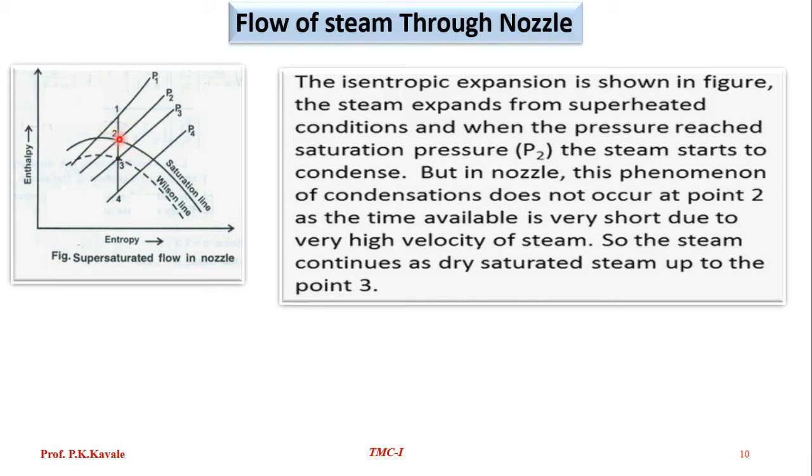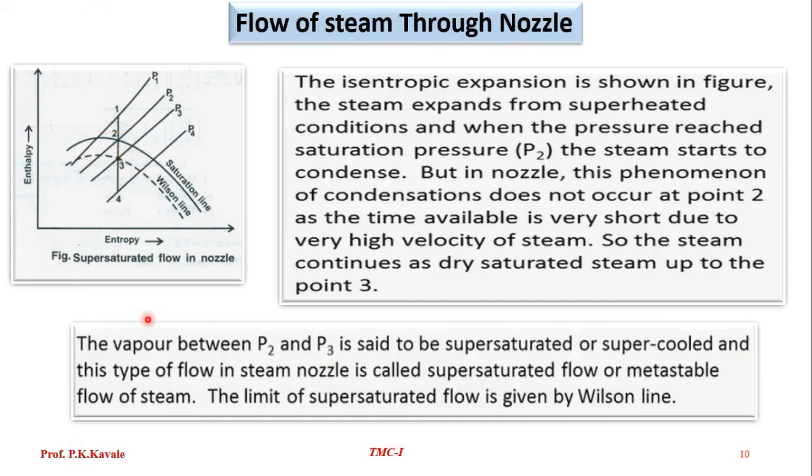Condensation should theoretically start at point 2, but practically it does not. Why? Because of the short time and very high velocity of the steam, the steam continues as dry saturated up to point 3, and condensation starts after point 3.